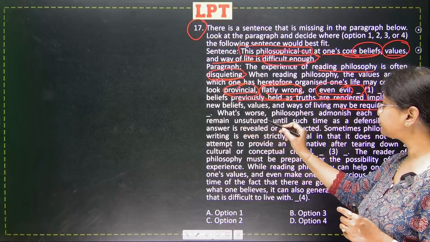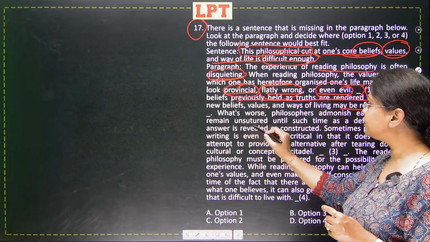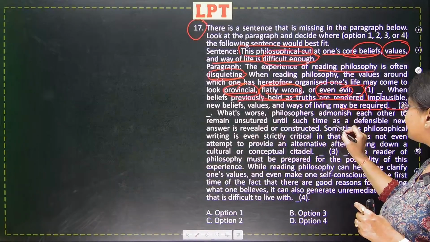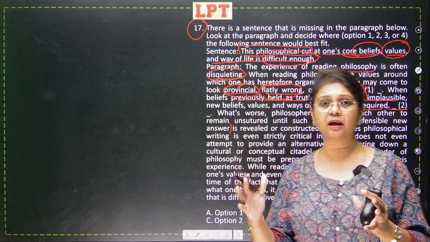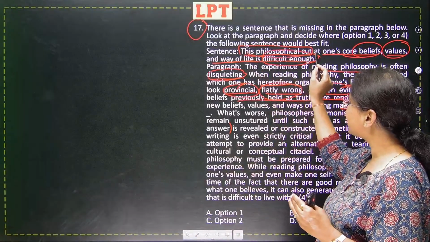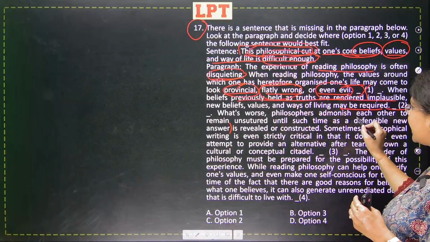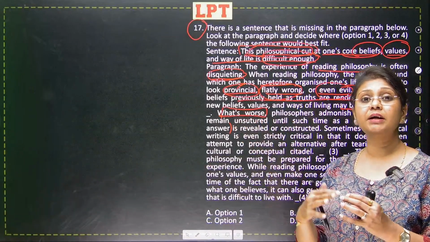What's worse, philosophers admonish each other to remain unsettled until such time as a defensible new answer is found. So if you go further in the paragraph, the problem is that we are left with this philosophical cut. Let's look at this idea here which says what's worse. So it is giving you an even more difficult phase here.